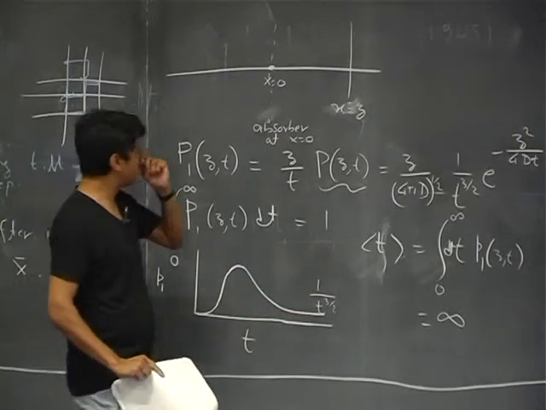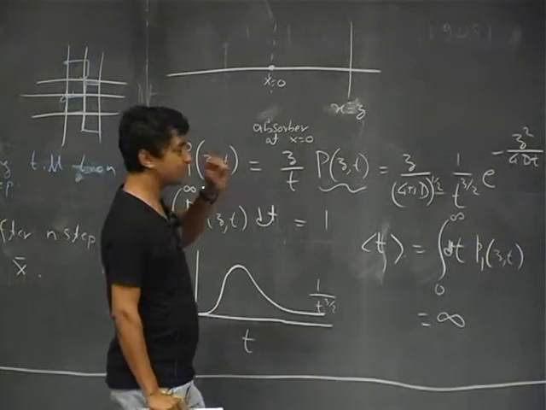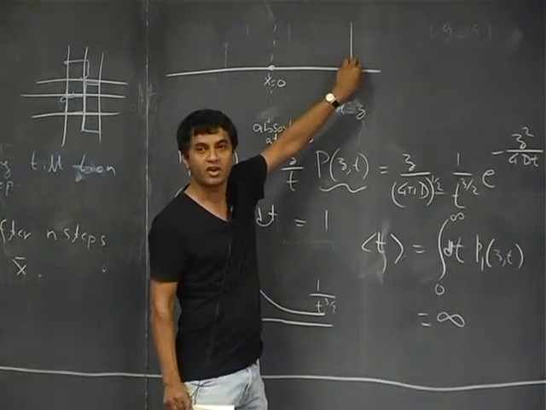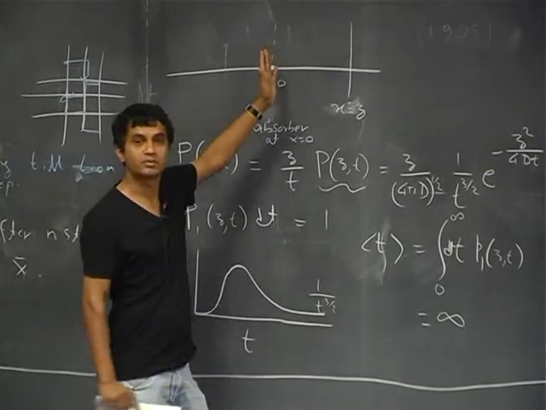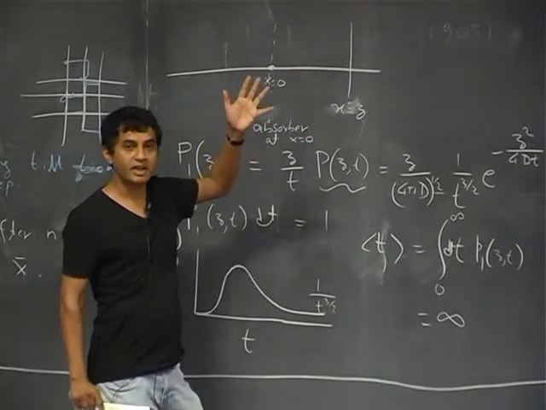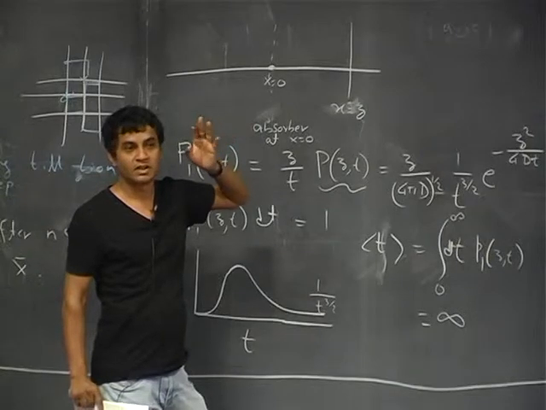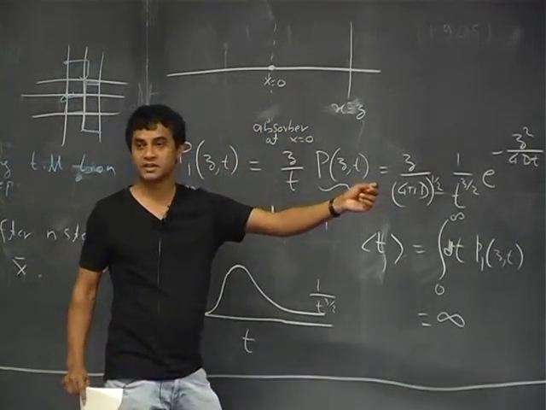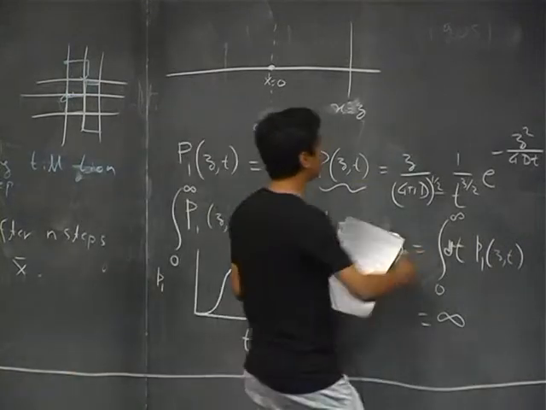Now let's think about it physically. If I put some diffusing particles here, how long does it take to get absorbed here? The naive guess would be to look at how long it takes to diffuse this distance.